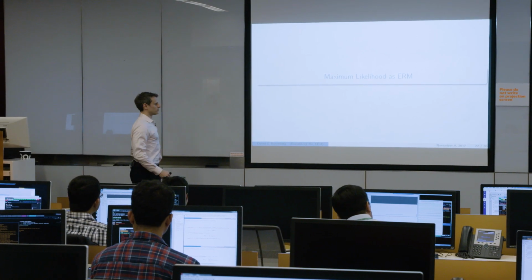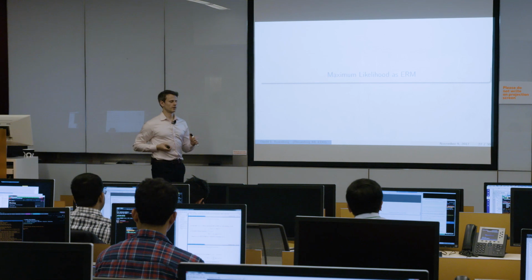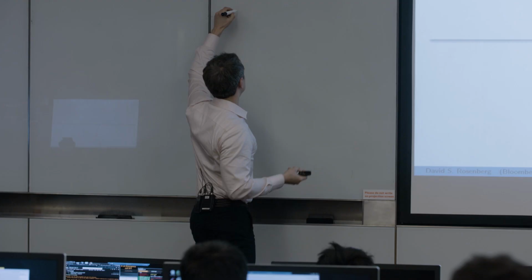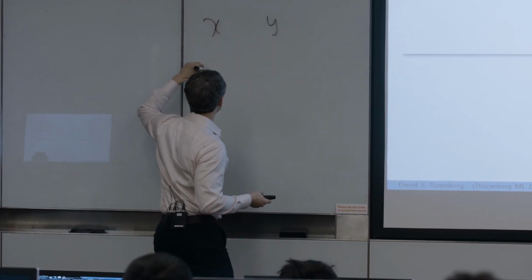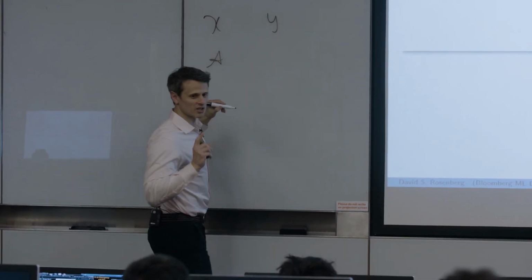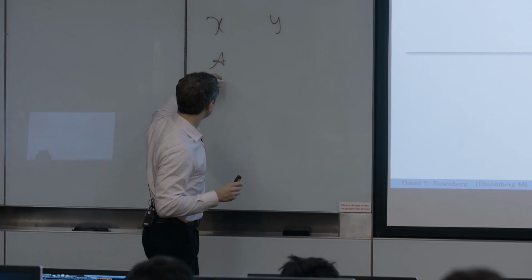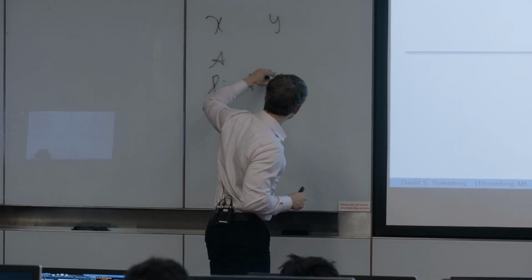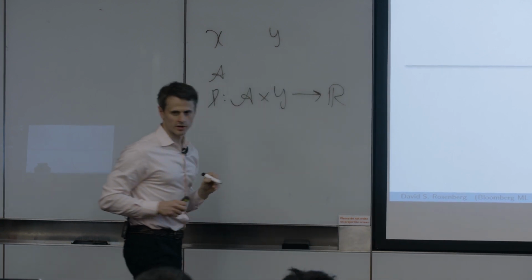So what were the ingredients for our statistical learning theory setup? A lot of it's the same as here. We have an input space X, we have the outcome space Y, we have the action space, and then we have the loss function L, which takes an action and an outcome and gives us a real. Right?